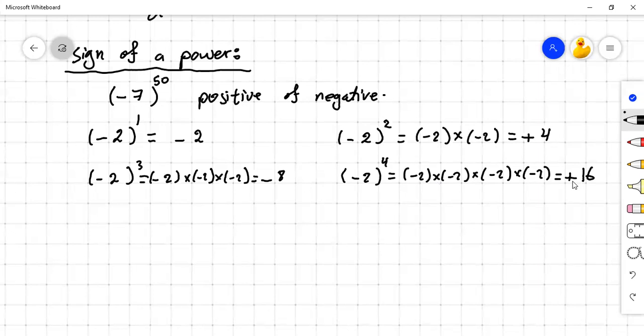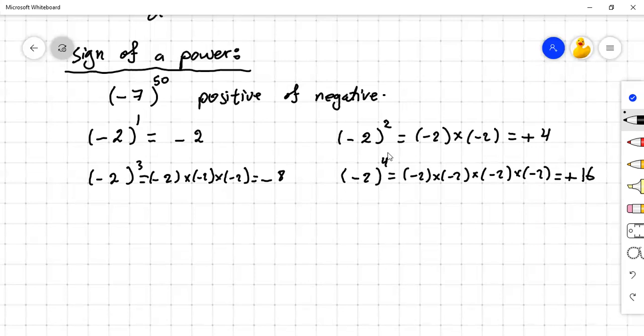So we can guess the conclusion. Here the exponent is an odd number, it's negative. Here the exponent is an even number, it turns to positive.